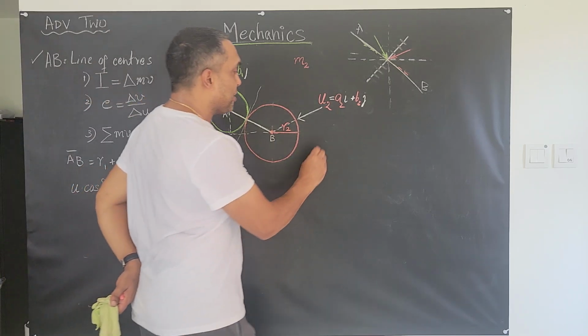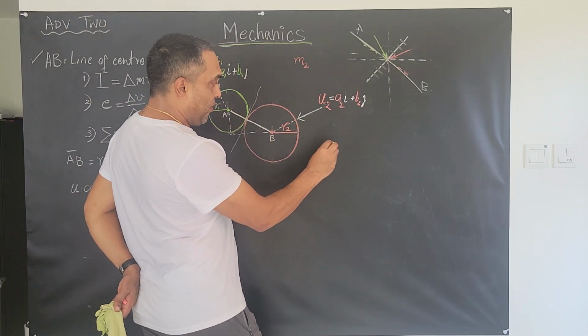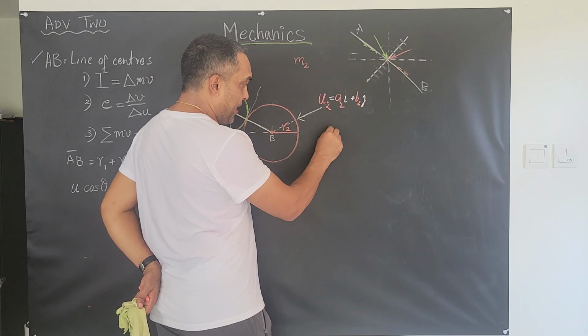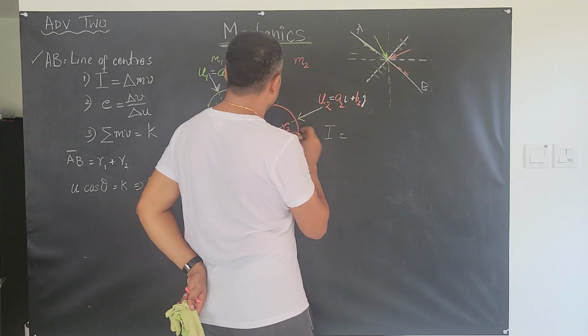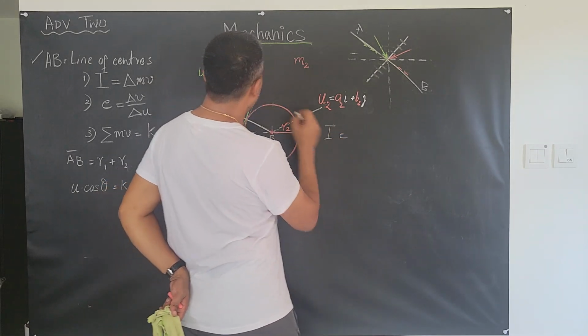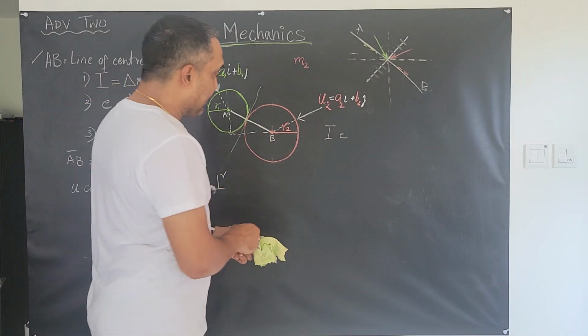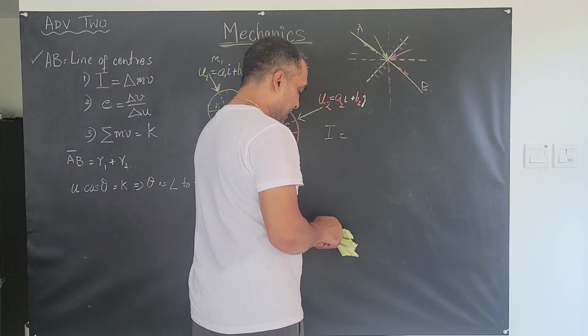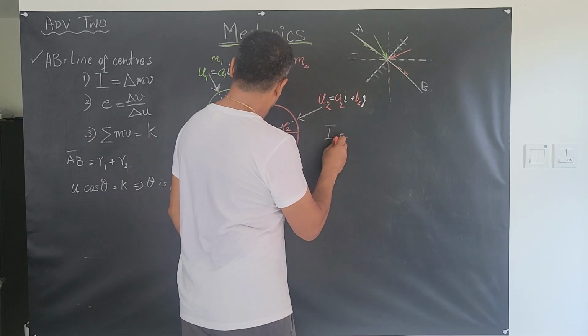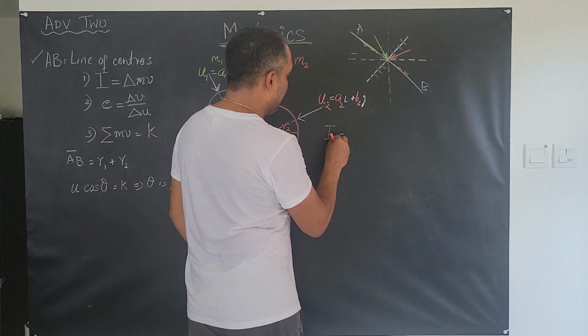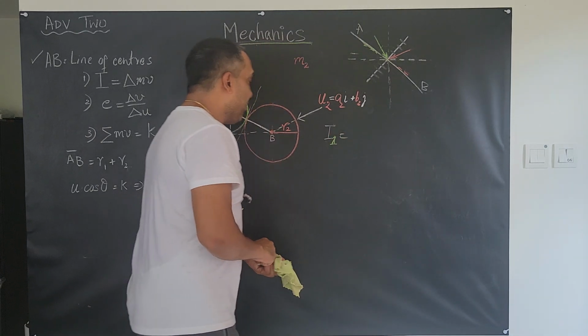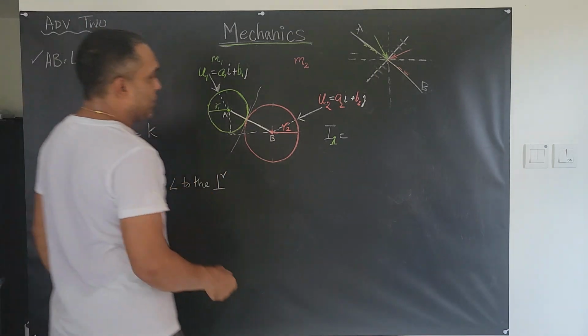But the important relationship to remember is the equation for impulse. The impulse that object one receives will be equal to its change of momentum.